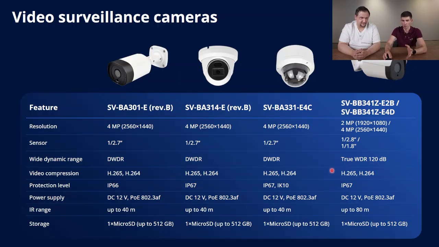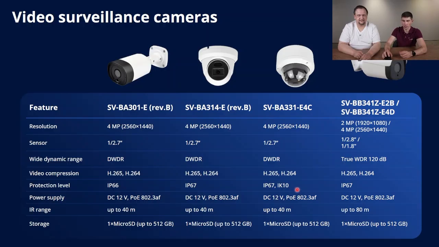So most of the specs are similar, except the anti-vandal camera has an IK10 protection level against physical damage. So it's usually installed in locations where there is a high chance of getting damaged.